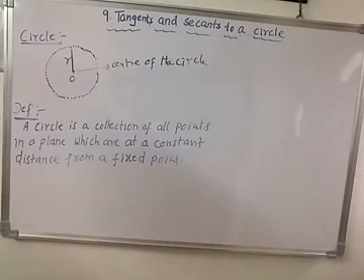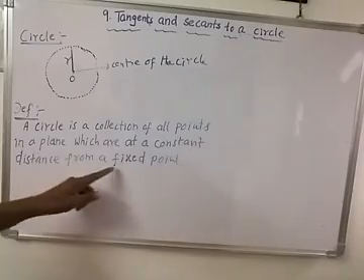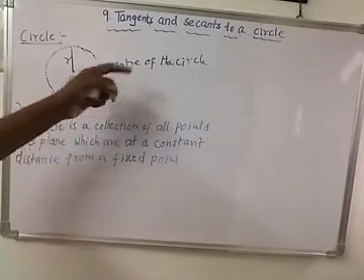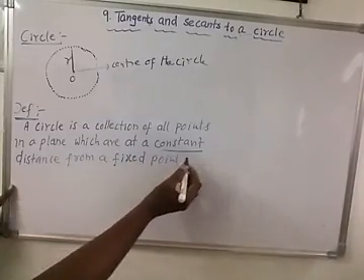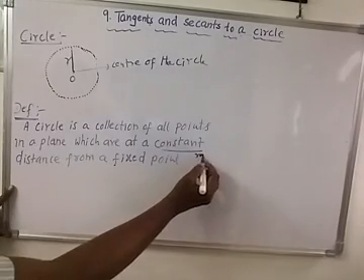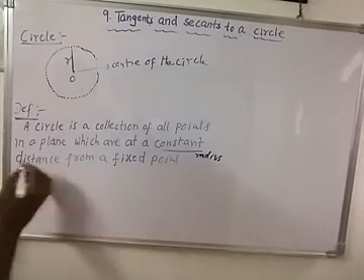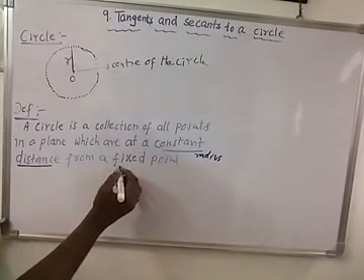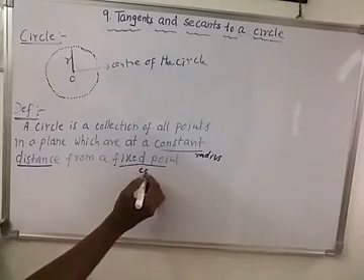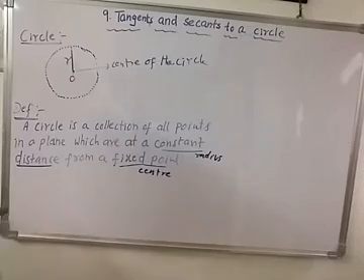The fixed point we call the center of the circle, and the constant distance we call the radius.